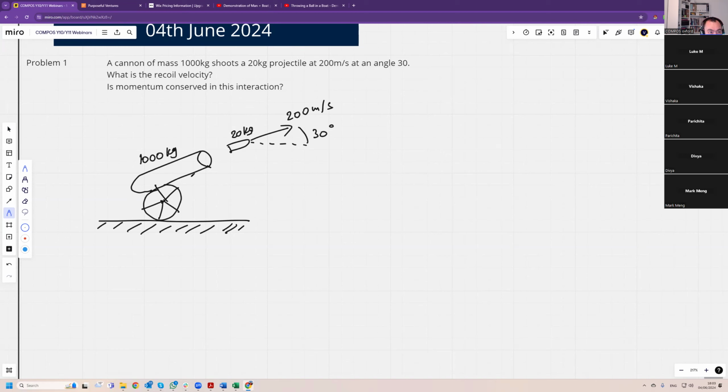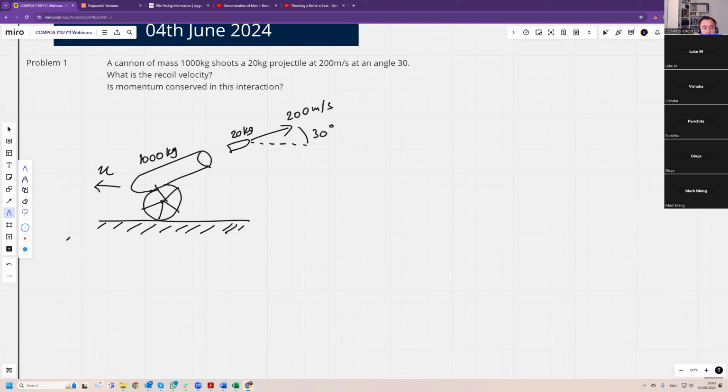So as a result, the cannon will recoil. Well, it can't move in the same direction as the projectile, so certainly it will recoil backwards with a velocity, let's call it u. Now, we know that momentum is conserved in any direction, given there are no external forces in that direction.